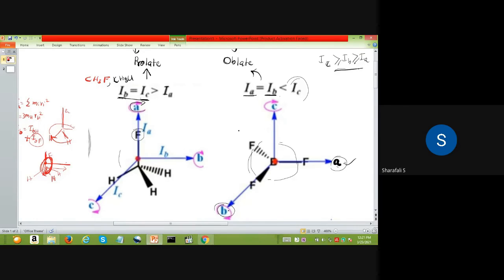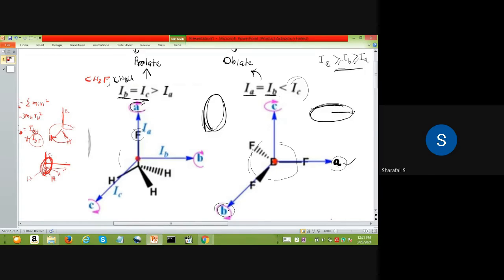So it depends on where you draw your IC, IA and IB. Depending on that it will have different shapes. But if you fix those values, then you can get that kind of structure. So like this kind of structure, or in this case you get this kind of structure.